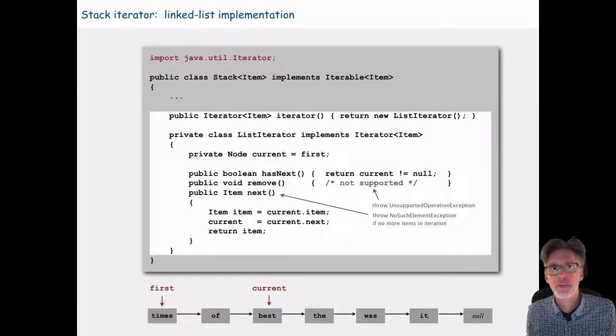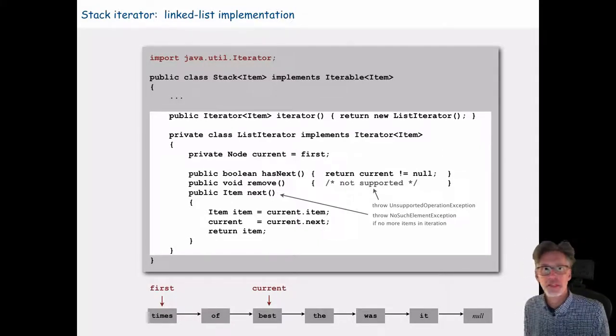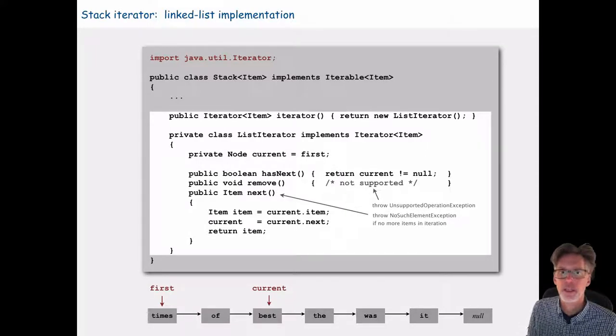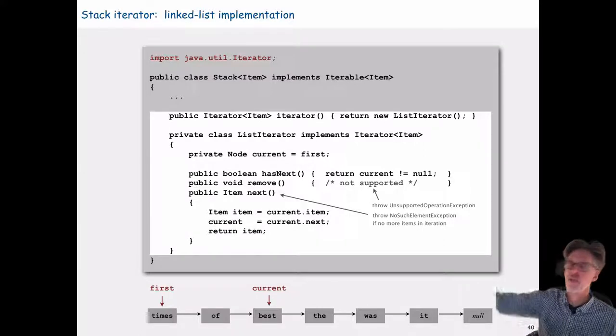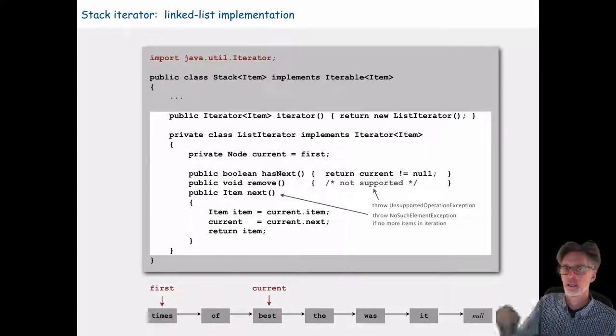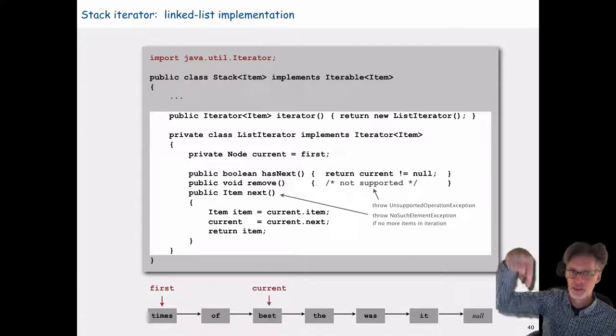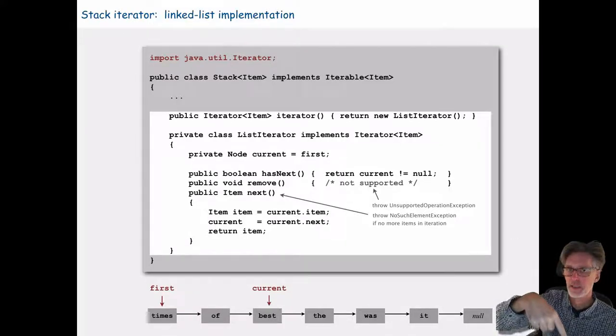So how do we implement an iterator through, say, a linked list? Well, our iterator here is a separate object. So here's the list iterator object, and when we want to get an iterator from the stack, it's going to create one of these objects for us. So initially it's going to have a pointer called current. Initially that'll point to the first element.